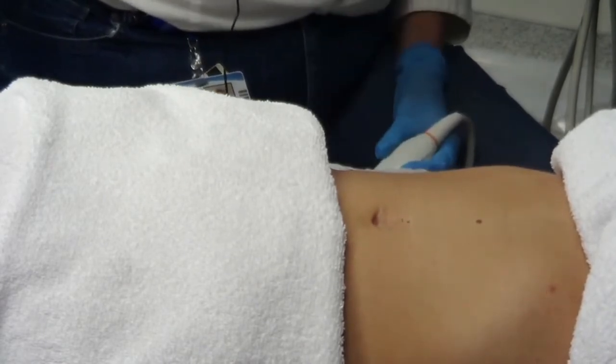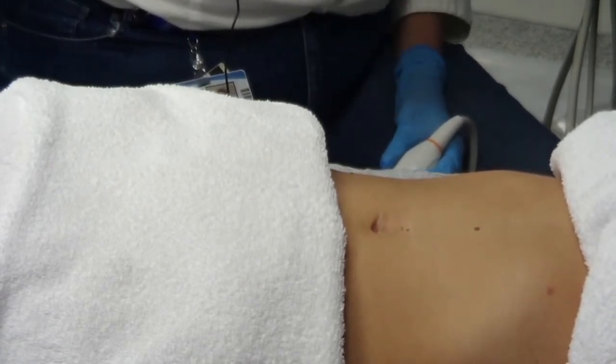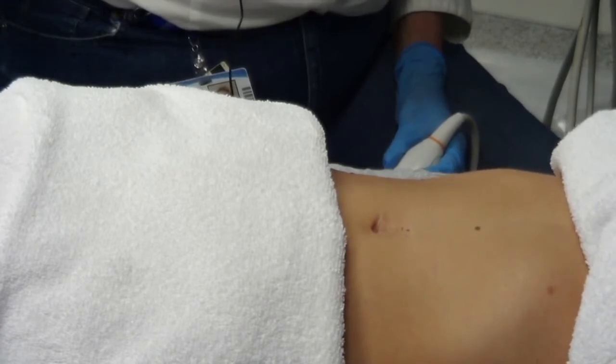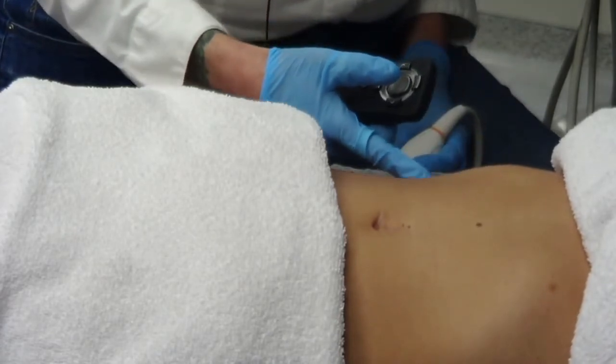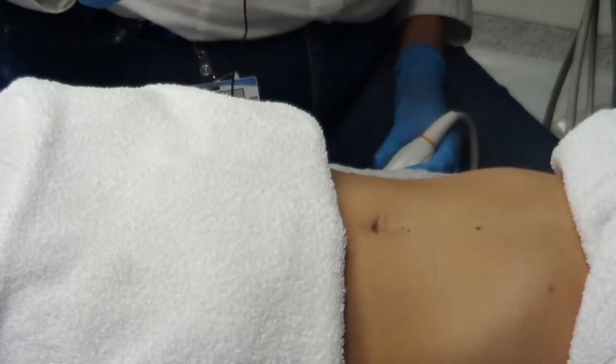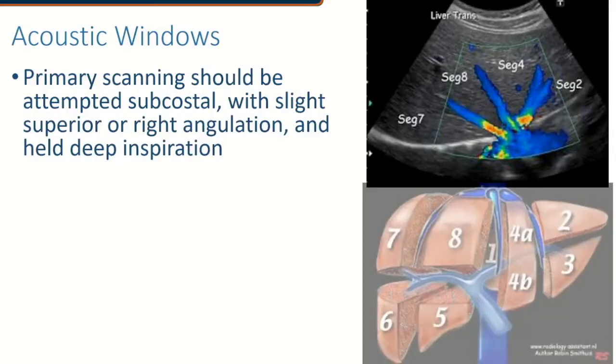So primarily, our acoustic window is going to be a subcostal margin, and you're going to scan along the patient's costal margin as you move from left liver into right liver. What you have to remember is that anything you look at really between diaphragm and belly button means you have to ask your patient to take in a big breath and hold it. And that deep held inspiration will help drop the diaphragm and push the liver closer to your probe.